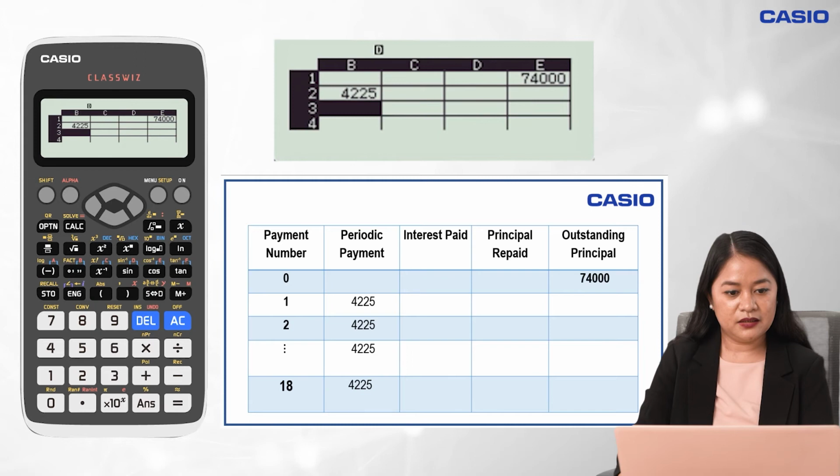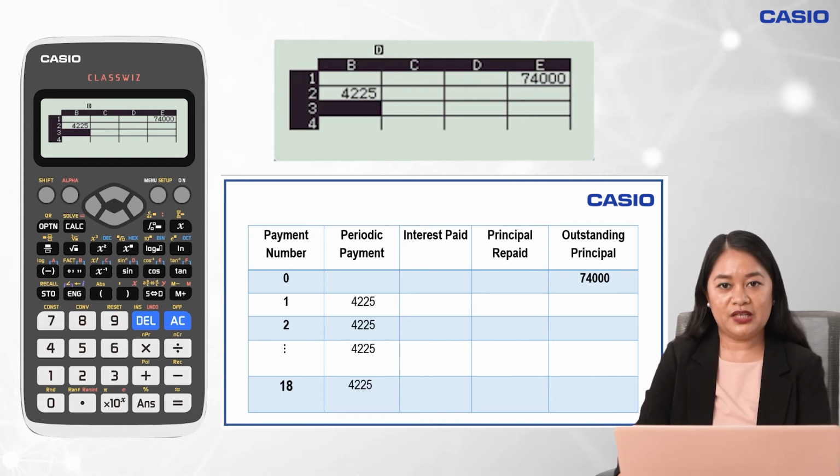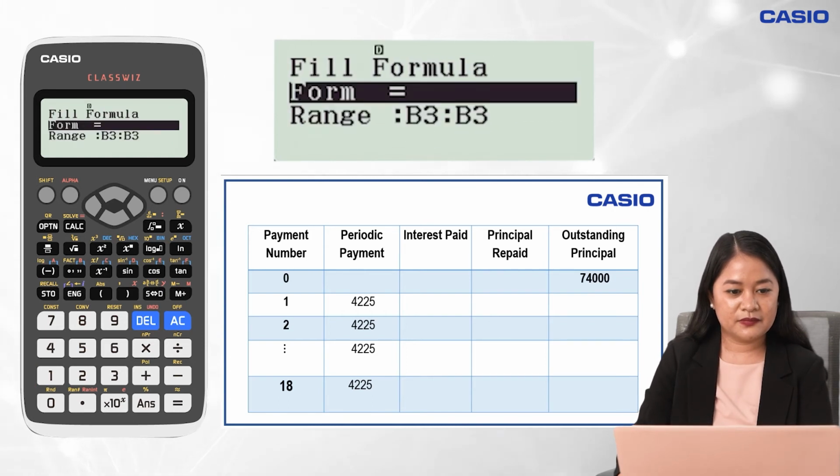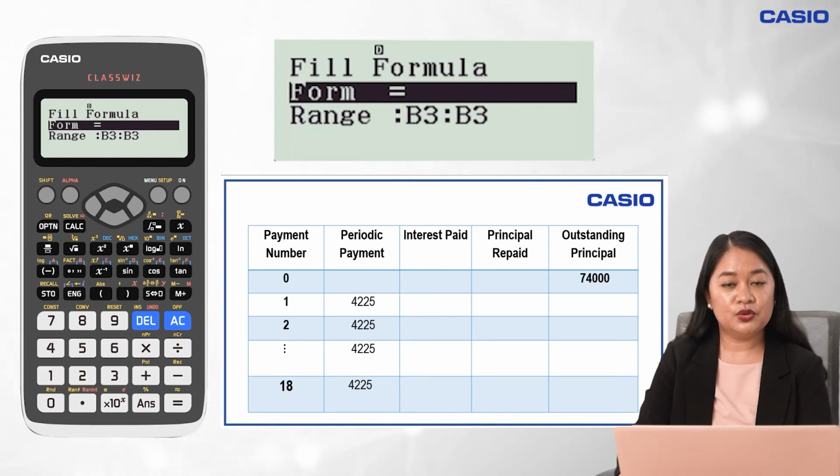And then equal button. Now again, since it will take time to input 4,225 down to payment 18, we can just create a formula to automatically input the amount. To do that, again, we press Option and 1. For the formula, input B$2.